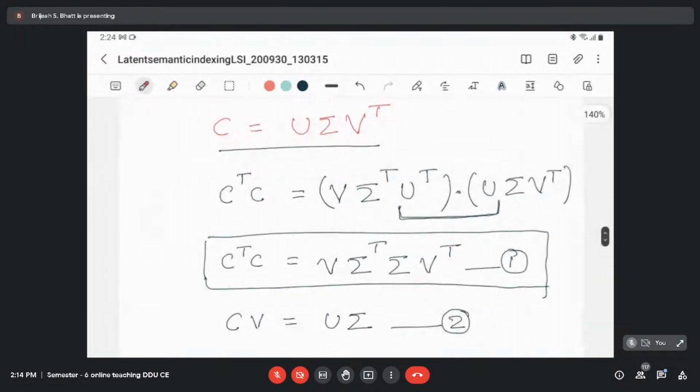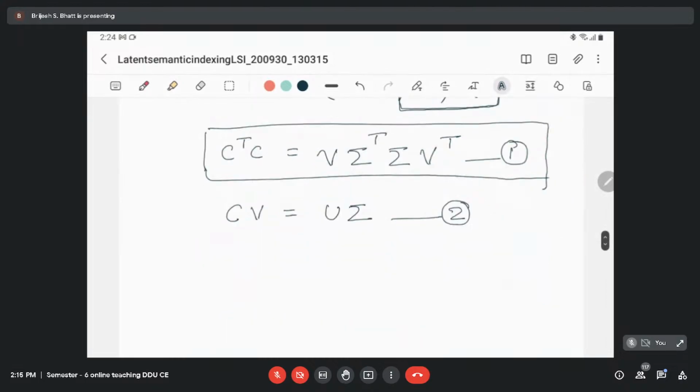Let's call this equation number 1. The second equation we achieve by shifting V transpose to this side. So CV is equal to U sigma. That is the second equation.